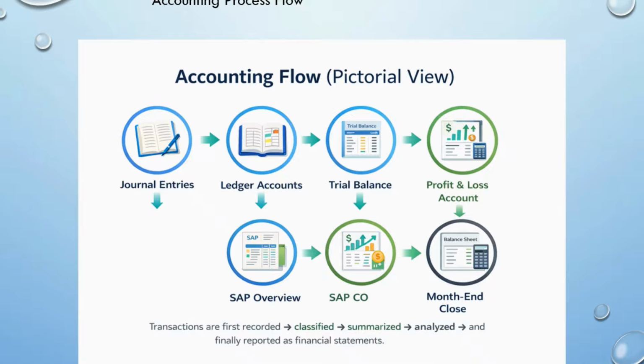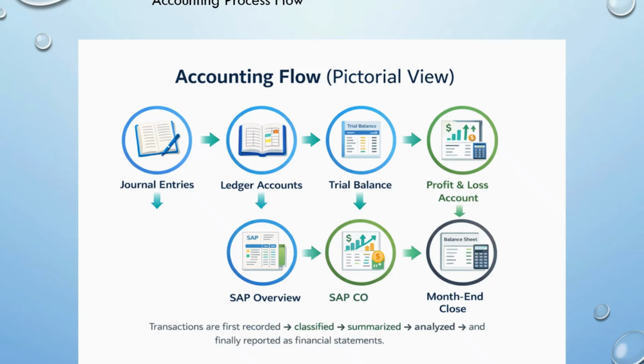First, we make a journal entry, identifying the business transaction, and then classify that business transaction into the ledger. Then we verify whether the debits and credits match with the trial balance, and then verify the business performance through the profit and loss account.